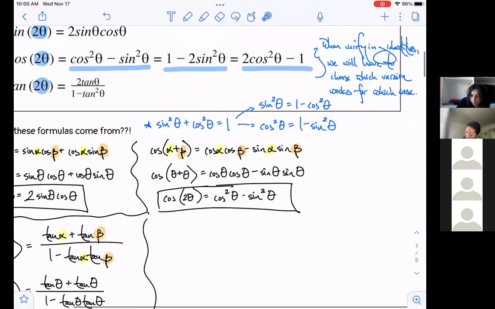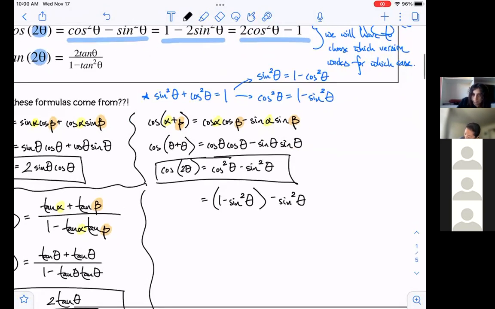So in particular, instead of cosine squared, I'm going to write 1 minus sine squared. And so I'll get 1 minus sine squared theta minus sine squared theta.